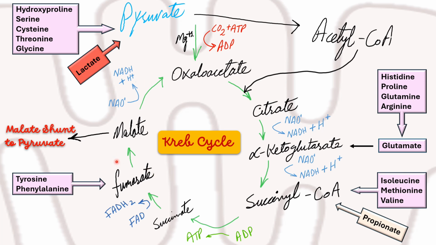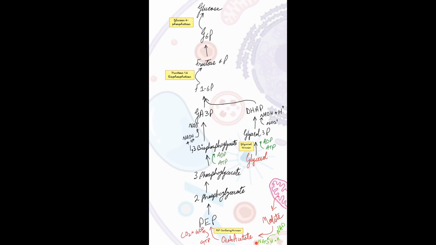And after that, if we follow this malate, which is kind of being shunted out of the mitochondria, once out of the mitochondria, malate will be converted into oxaloacetate and another NADH molecule will be produced over here, and then oxaloacetate will be converted into phosphoenolpyruvate or PEP.